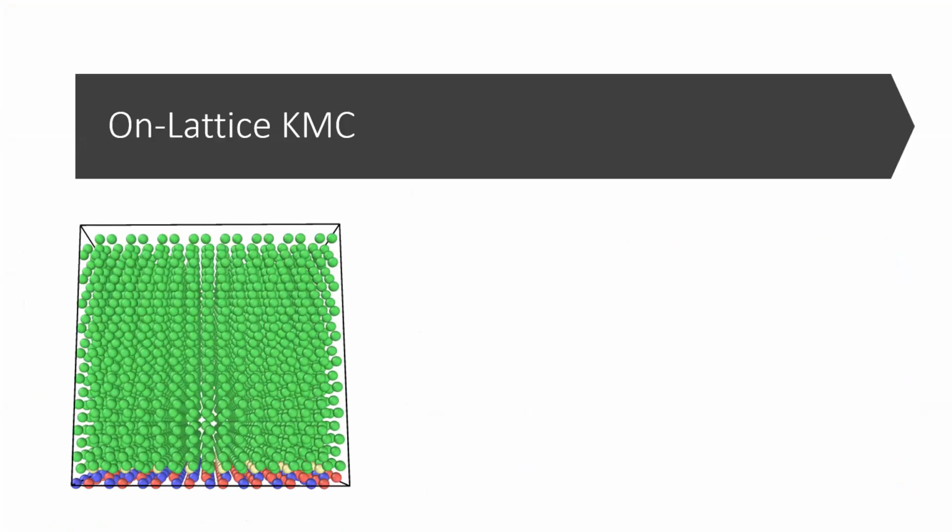So the images you just saw were from an on-lattice KMC. This means that, like a 3-dimensional chessboard, we have a lattice, a 3D grid, where pieces can be. Okay, and we have different pieces at each of these sites. The green here represents vacancies, so there's actually nothing there.